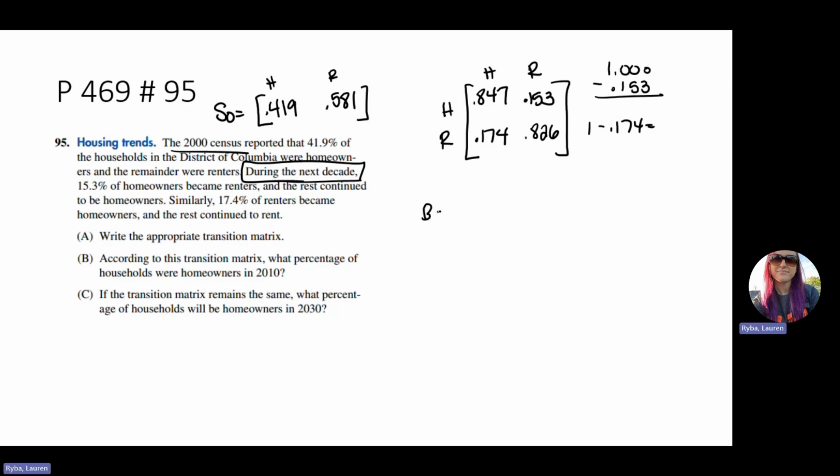For B, we just wanted to find state 1, which is state 0 times my transition matrix. And if I did that, I got 0.456 and 0.544.